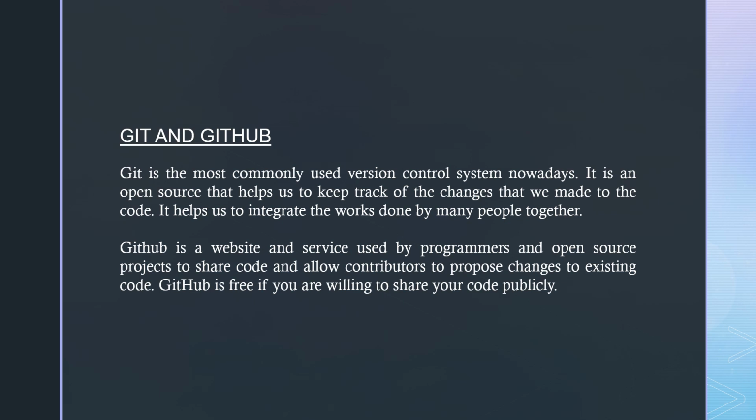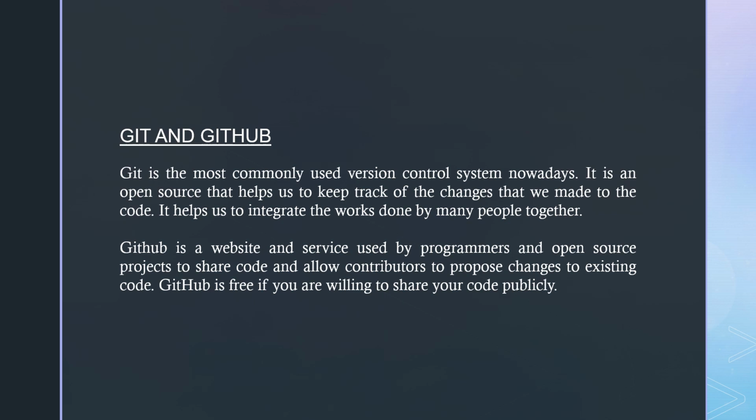What is Git and GitHub? Git is one of the standard version control systems used by programmers to save code and work on code collaboratively as a team. Git helps us keep track of the changes made in our code locally as well as online with the help of hosts like GitHub, Bitbucket, and so on.